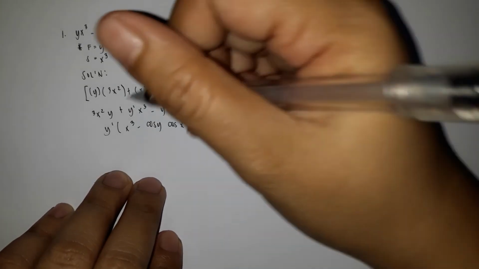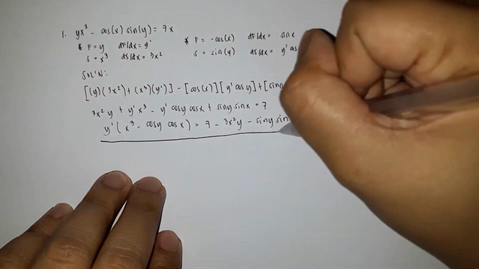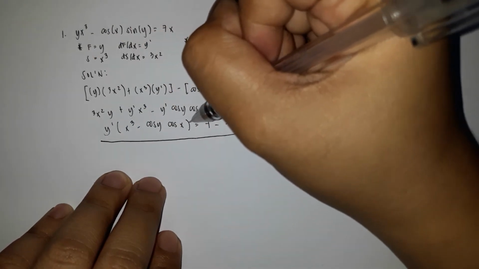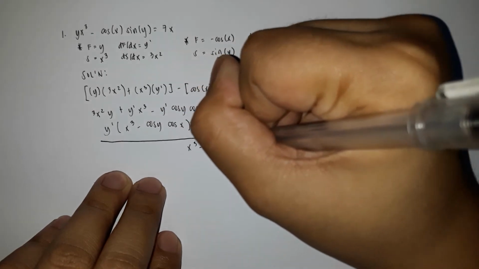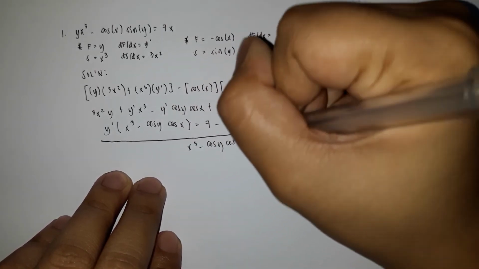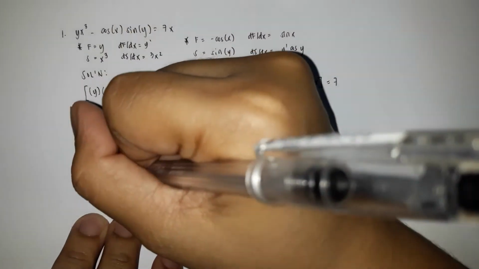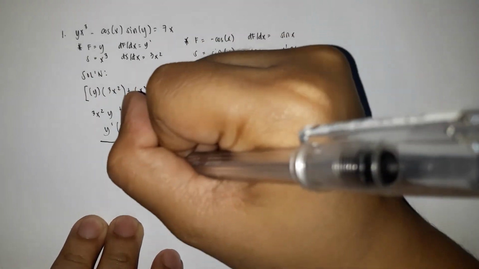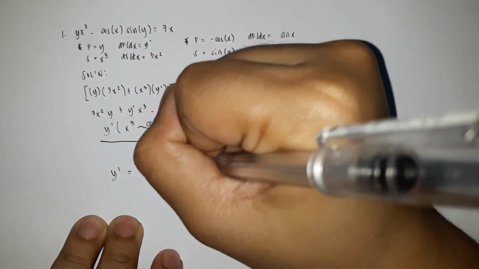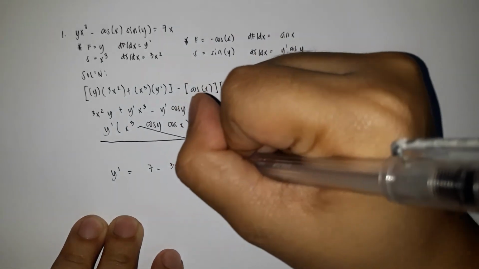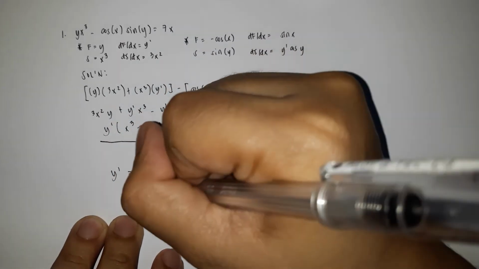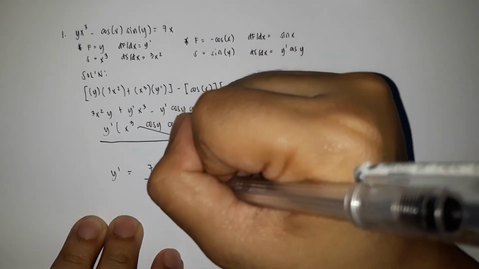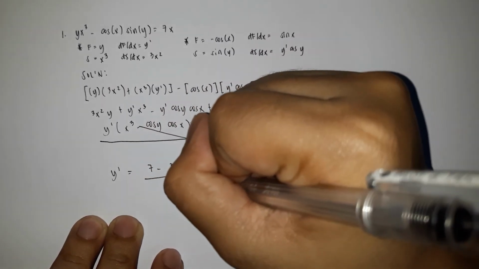In order to get y prime, we must divide everything by the one that is enclosed, x cubed minus cosine y cosine x. So now we get the answer: y prime is equal to 7 minus 3x squared y minus sine y sine x, all over x cubed minus cosine y cosine x.